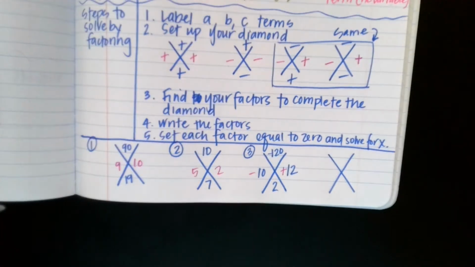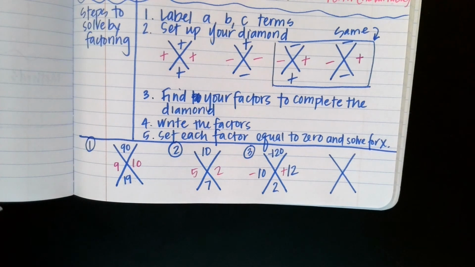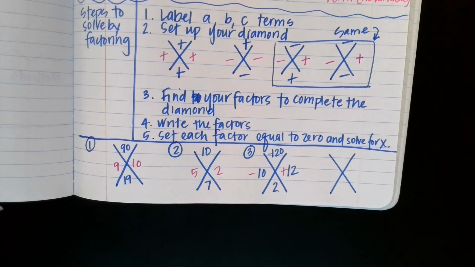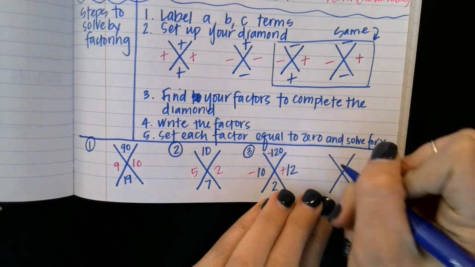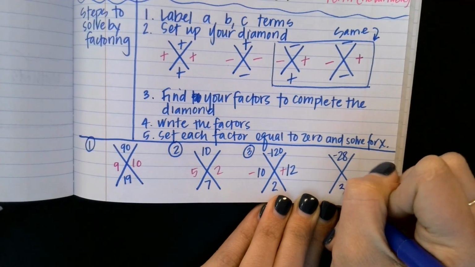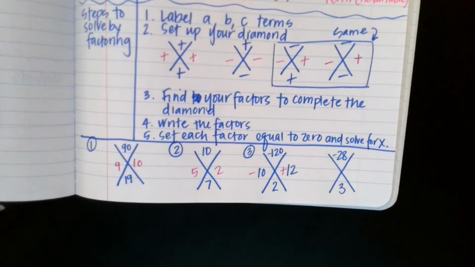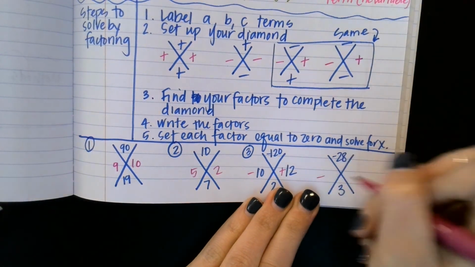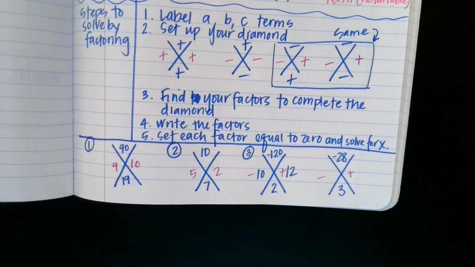Let's do one more. Let me see if I can find one that's tricky. Thank you guys for holding. Negative 28 and positive 3. So again, this is the same thing. One of them has to be negative and one of them has to be positive. What two numbers are going to multiply to be negative 28 but add to be 3?